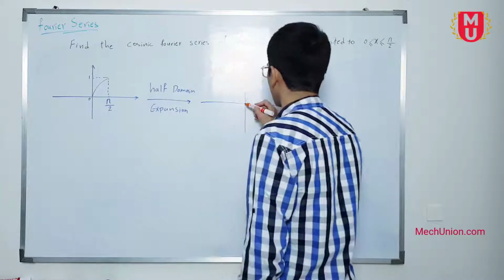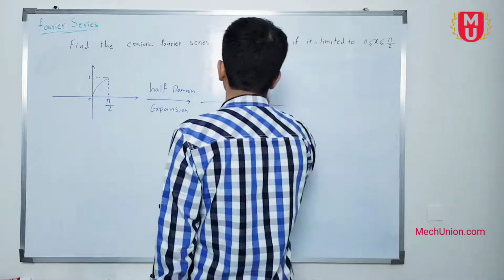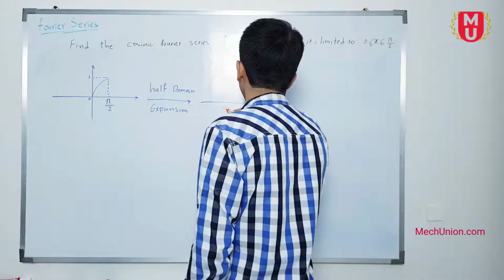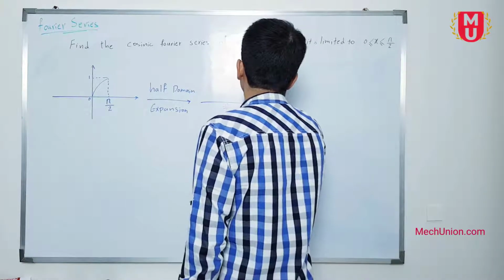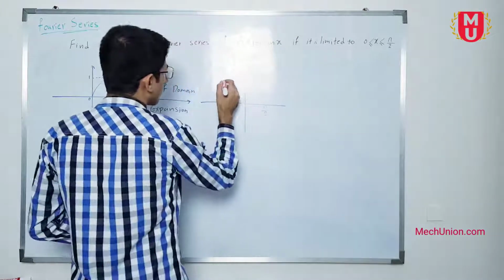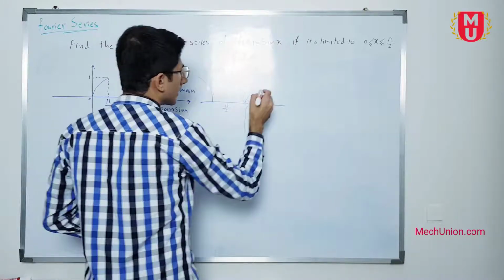We should expand it like this. This is minus pi over 2. This is 1. Okay, we expand side by side.